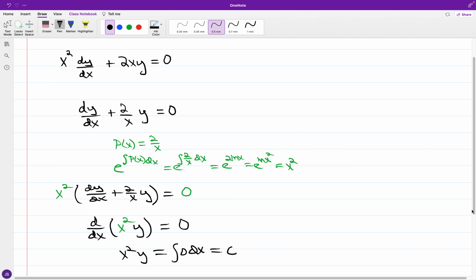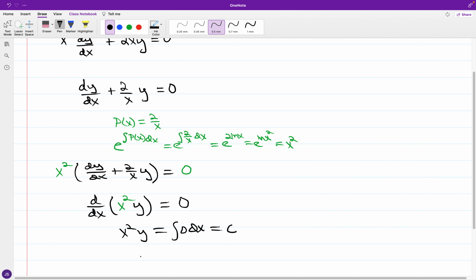And so ultimately, once we multiply by x squared, you can see we have y is equal to c over x squared, or c times x to the negative 2.